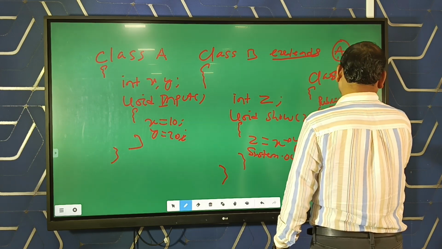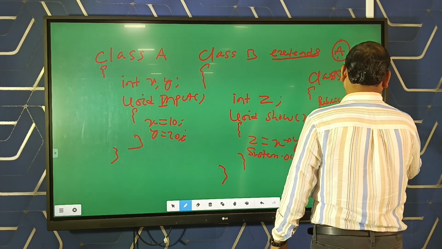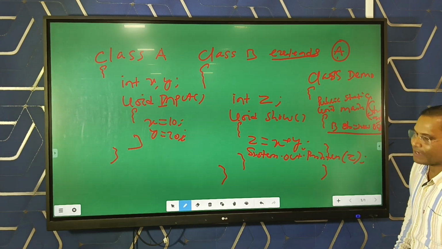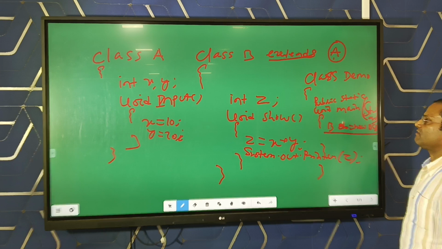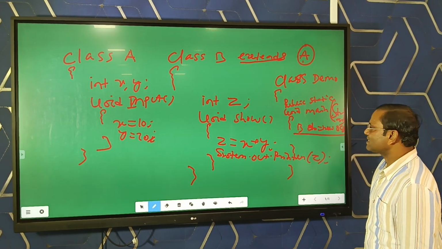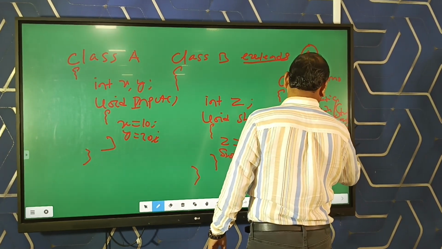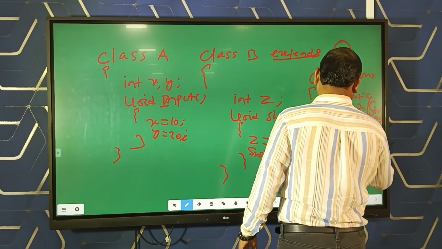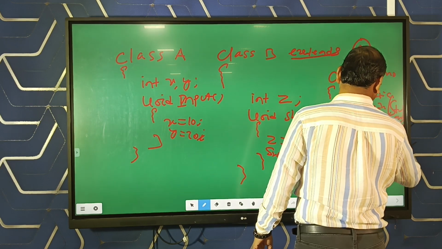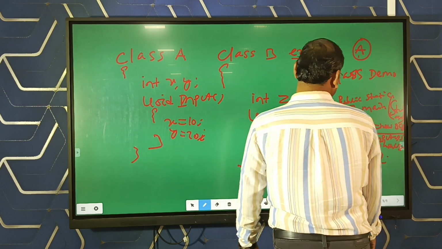Class B, then ob equal to new B. So writing this code, we can create an object. Through that object, we can access the members of class A as well as class B. So how? ob.input, then ob.show.